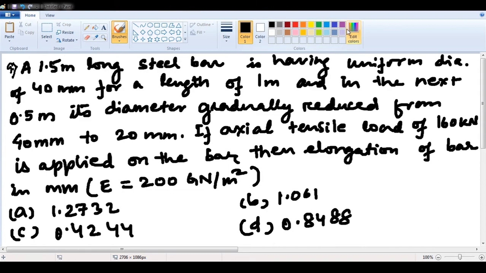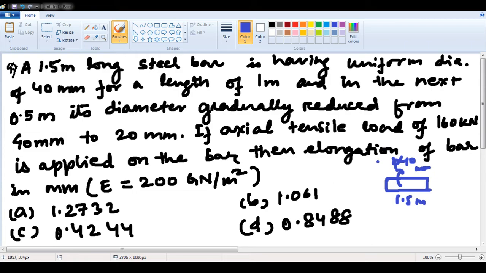So we can say something like this, right? The steel bar is having 1.5 meter, with a uniform diameter of 40 mm for a length of 1 meter.